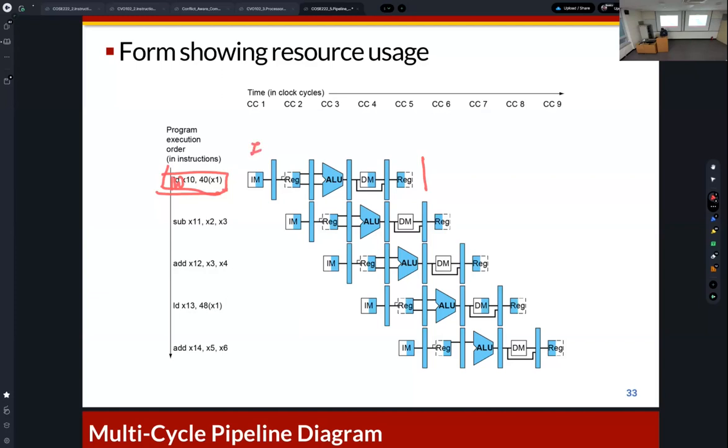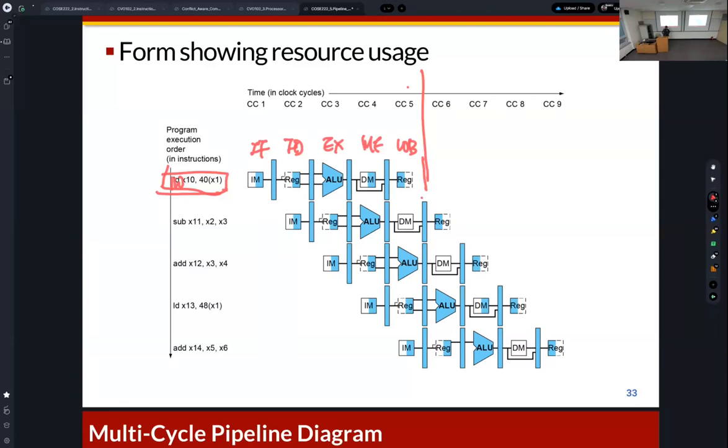Instruction fetch, ID, execution, memory, and write back. So actually, a single instruction completes each operation after 5 cycles in the pipeline architecture.